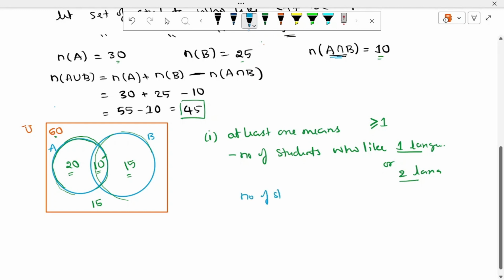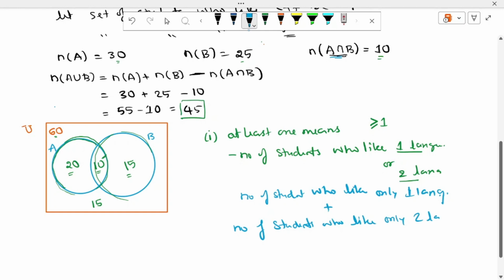So if the question is like this, then you need to solve for the number of students who like only one language plus the number of students who like only two languages. You can have the number of students who like three languages also, four also, but in this case we have got only two languages, so we'll not be using these.